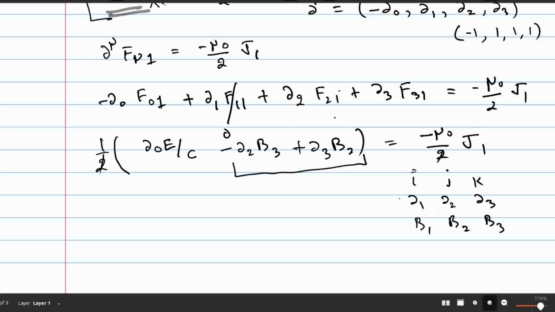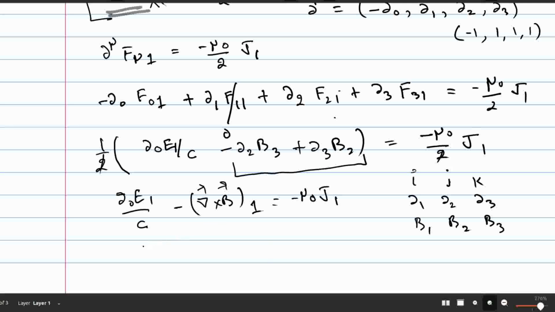This is the negative of the first component, so we get del 0 of E1 over c, minus curl of B first component, del 2 B3 minus del 3 B2, equals minus mu naught j1.